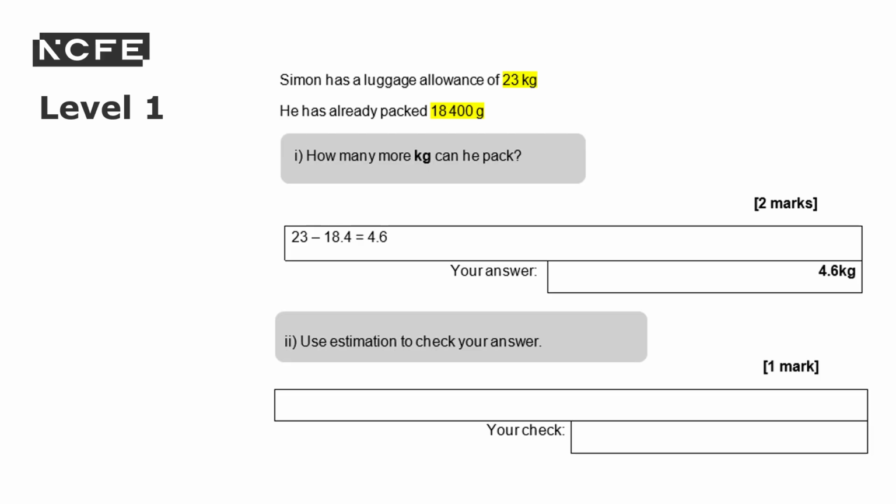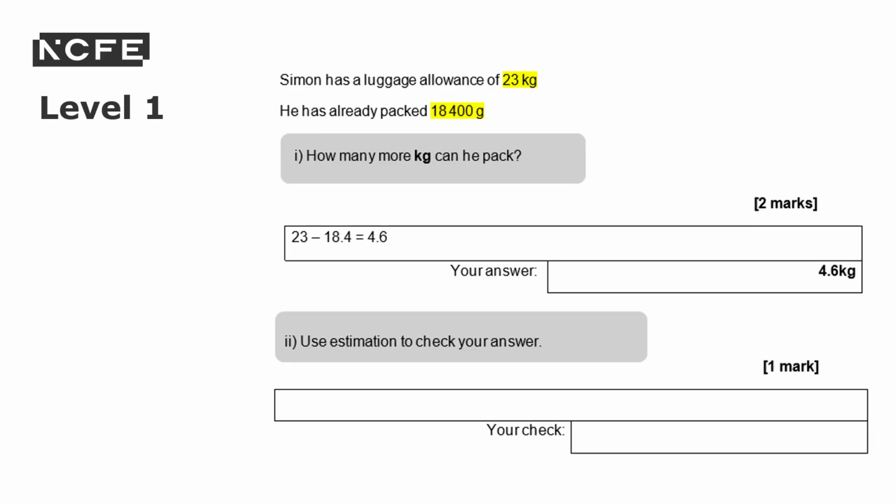They've got the 18.4 by dividing the 18,400 by 1,000, since there are 1,000 grams in a kilogram. So they've done that conversion. 23 take away 18.4 is equal to 4.6, and they've put that as their answer.